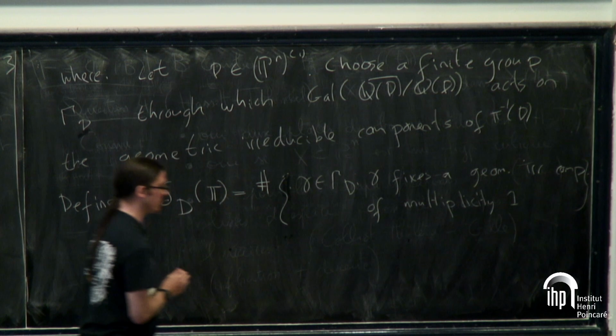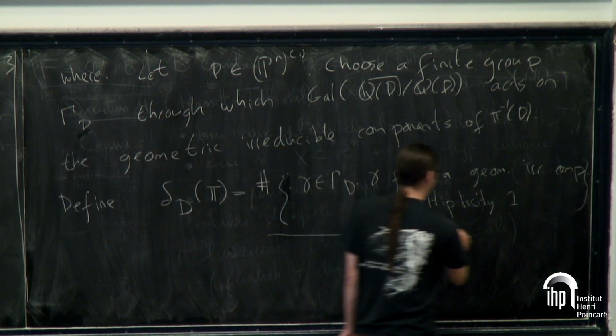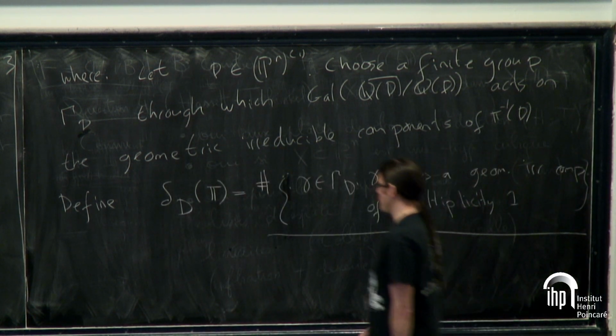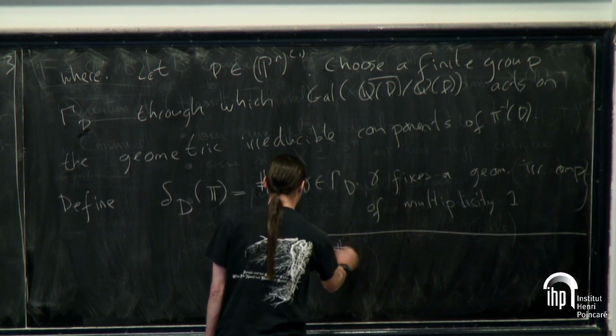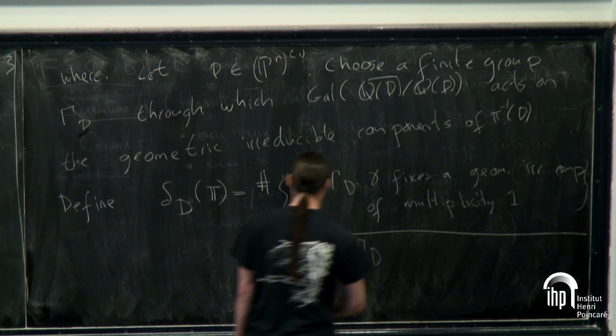The components of multiplicity 1 are just those which are generically reduced. And then you need to renormalize to make sure this is well defined independently of the choice of Gamma, so you divide through by the total number of elements of the group.